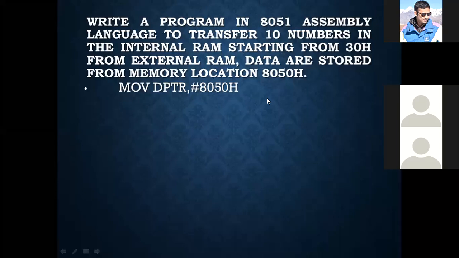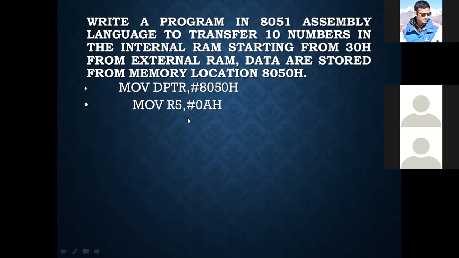Fine. So next, what will be there? We need to initialize a counter also. To initialize the counter, we have taken MOV R5, #0AH. 0AH means 10.